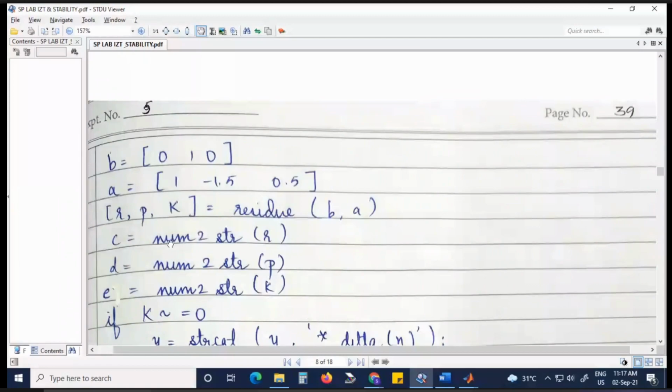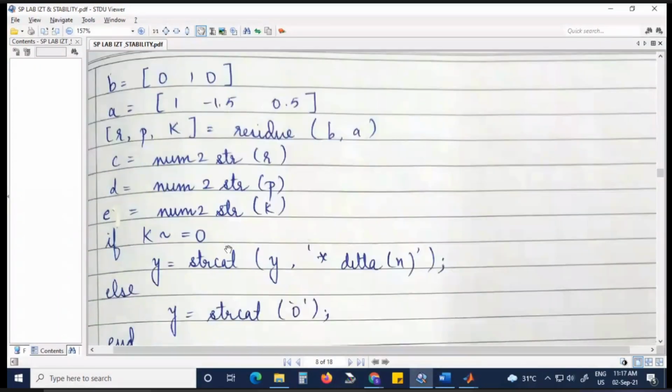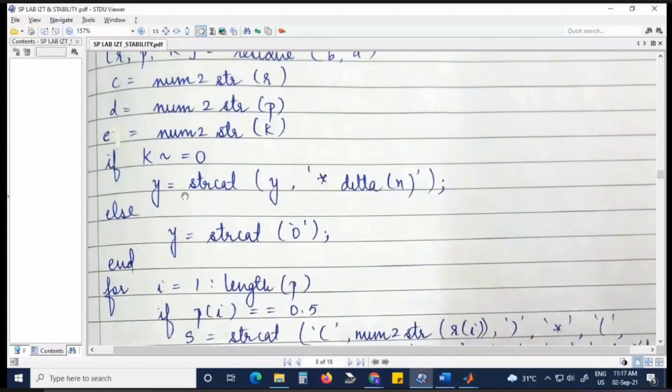Then again we are calculating the num to string. Initially we are calculating it, you can do it this way also: first you calculate, convert them into strings. Then the same method, that if the constant is not 0, then it should be multiplied with the delta function.